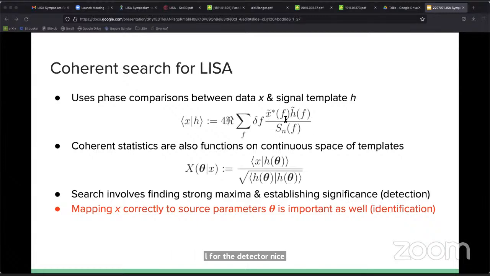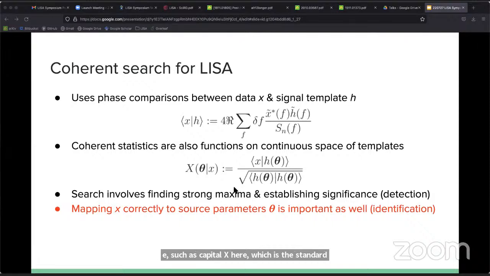This very familiar quantity is a statistic of the data for any given H, but it can also be viewed as a function on the continuous space of templates for some given X. There are, of course, many such statistics we can define, such as capital X here, which is the standard detection statistic for a single template.